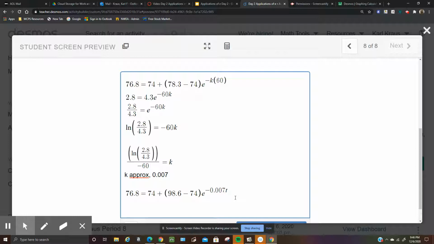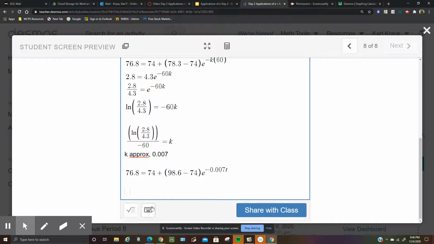So I have 2.8. So very similar to the first part. Subtract 74 again, and 98.6 minus 74 is 24.6.